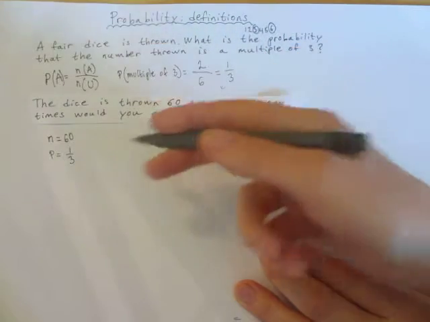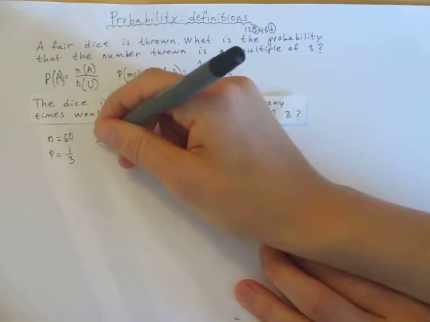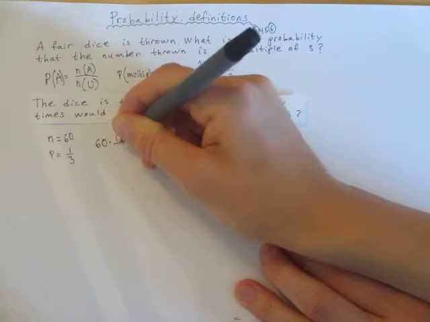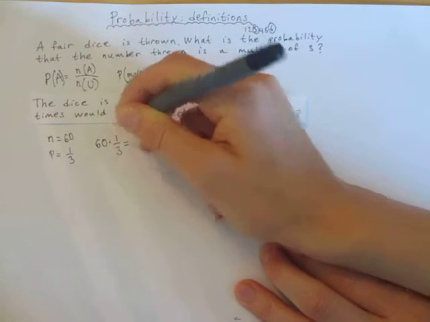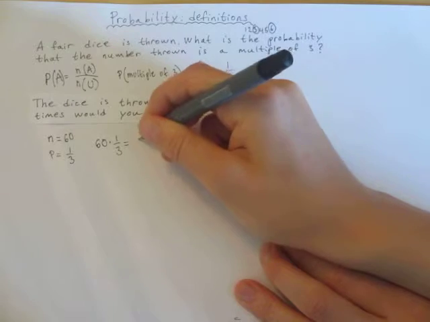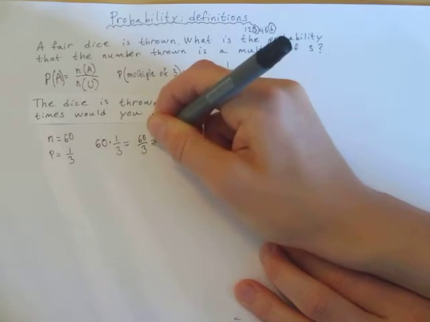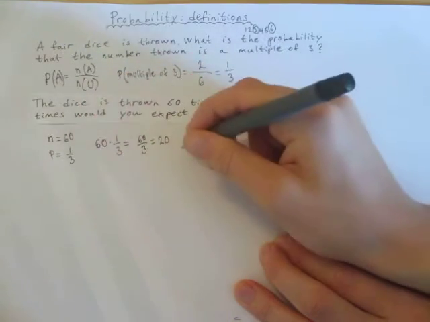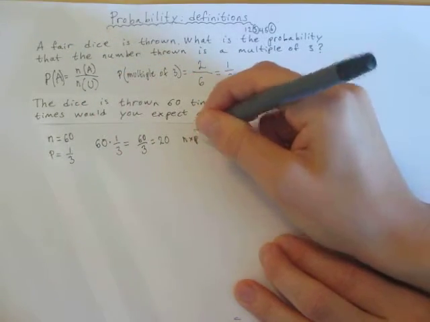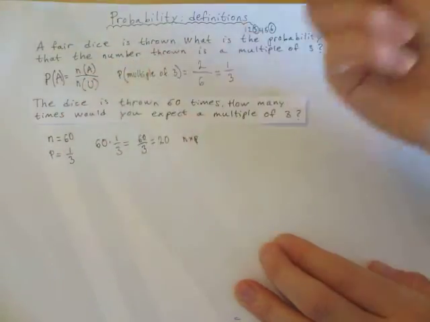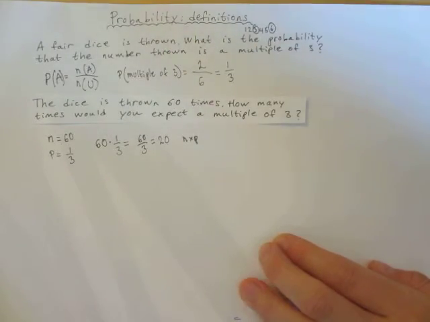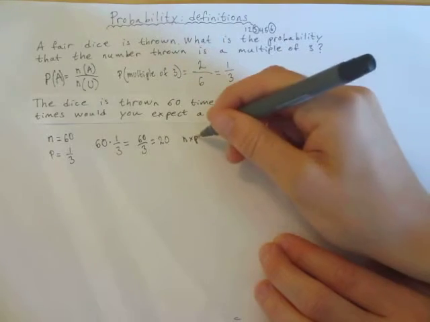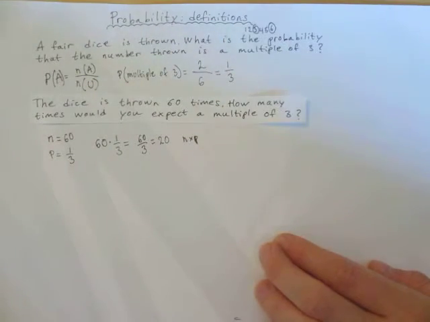And if we throw this dice 60 times, then we would expect to get a multiple of 3 60 times 1/3, which is 60 divided by 3, which is 20 times. So we take N times P, where N is the number of trials, the number of times we throw the dice in this case, and P is the probability.